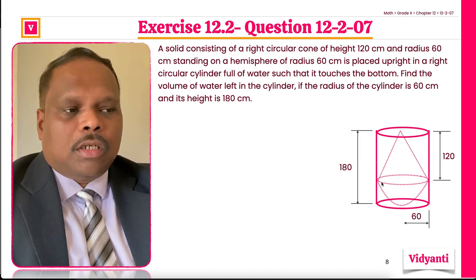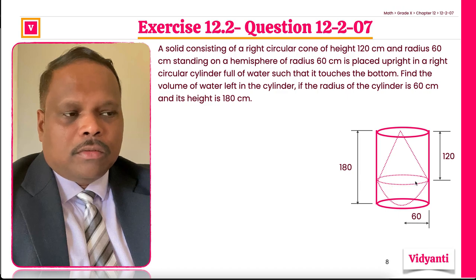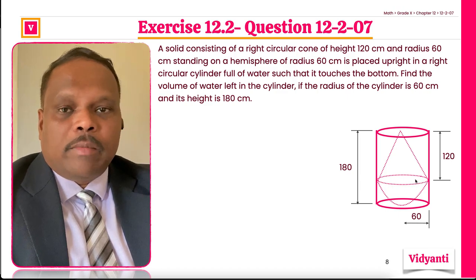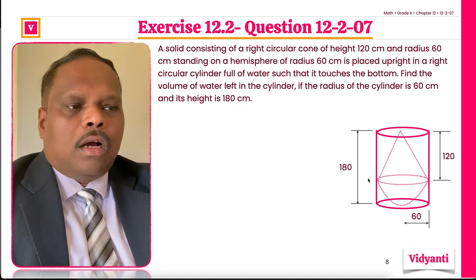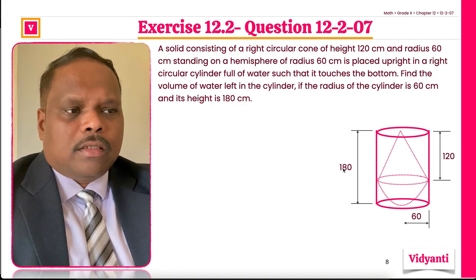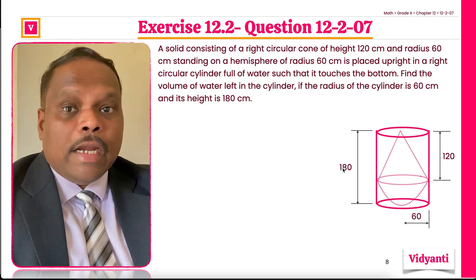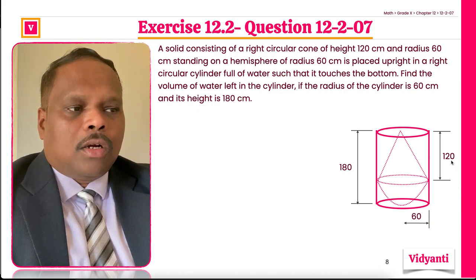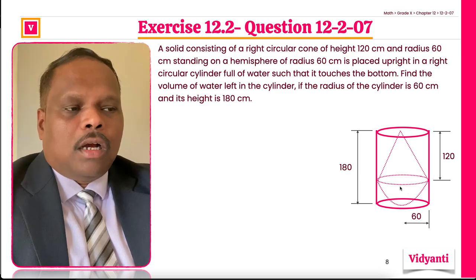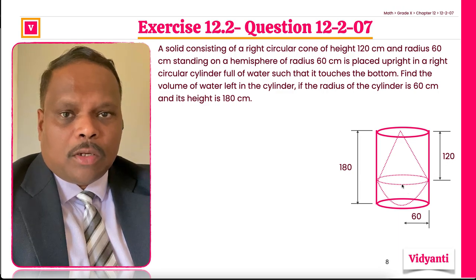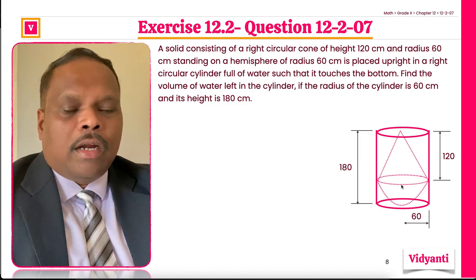Also, the radius of the combined solid is precisely matching with the radius of the cylinder. And the dimensions are given such that the cylinder is 180 centimeters tall, the cone is 120 centimeters tall, and the radius of the base of the cone is 60, which is the same as the radius of the hemisphere and the radius of the cylinder.